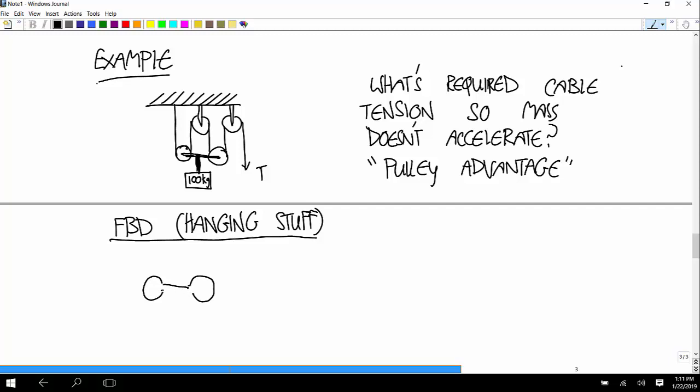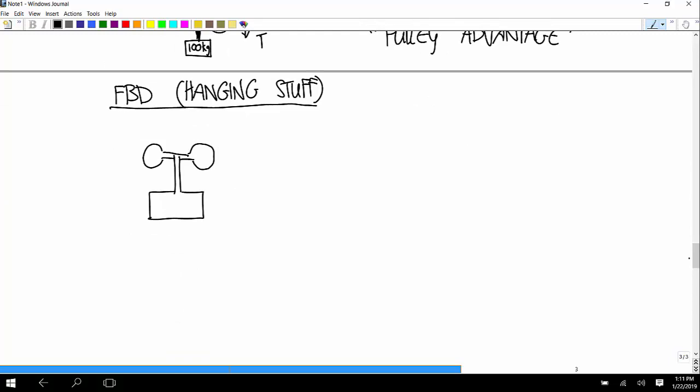It's those two pulleys and then the 100 kilogram mass. And the forces acting on this chosen system, we're assuming all these pulleys are massless, so the only mass is the 100 kilograms. So there's a downward force of 100 times 9.81, so that's 981 newtons.